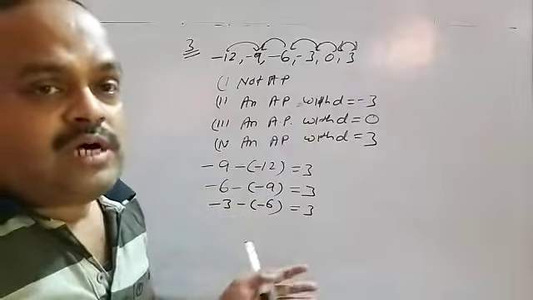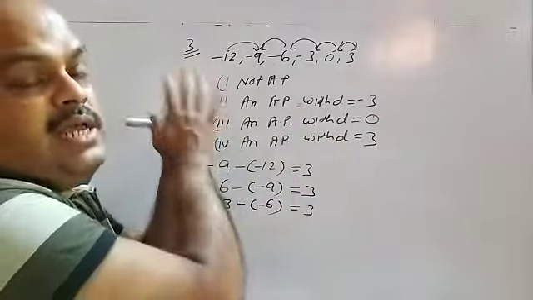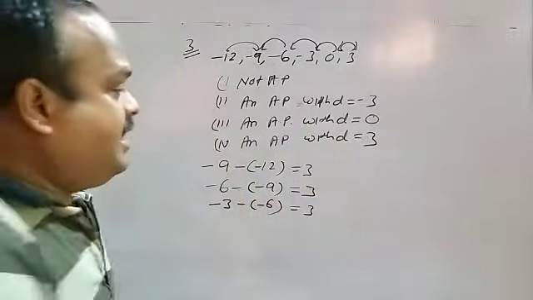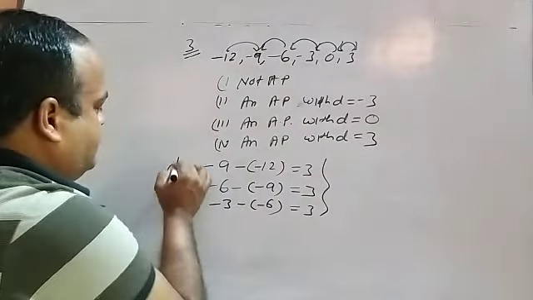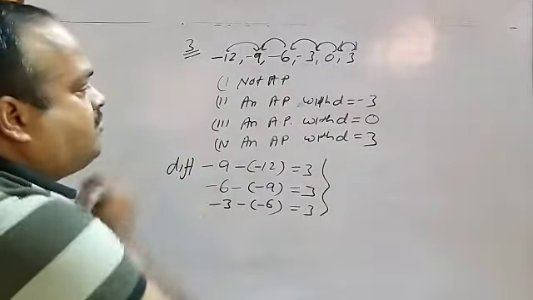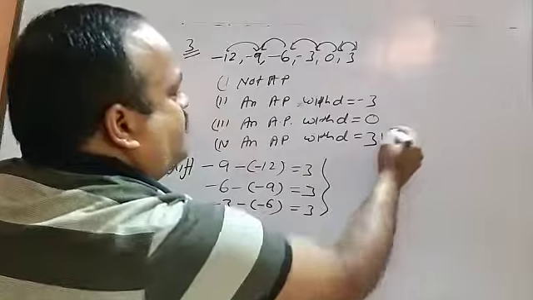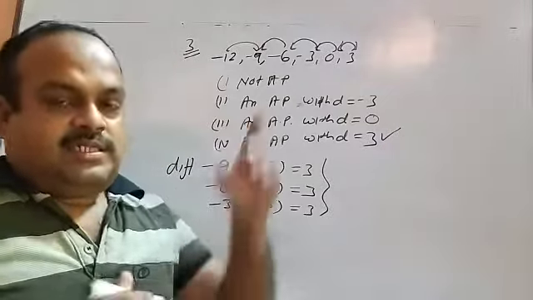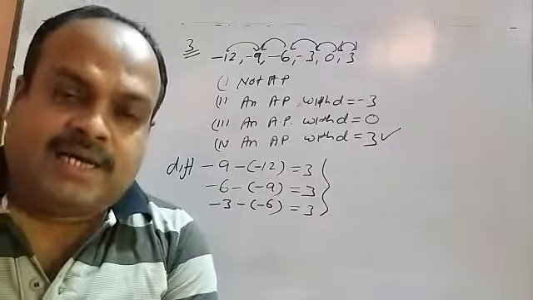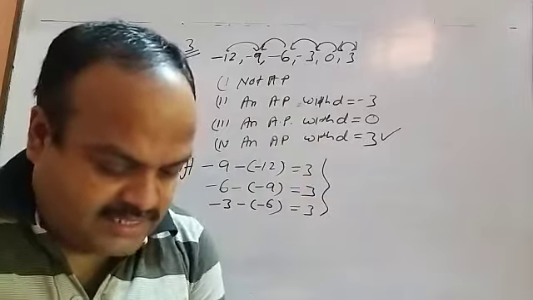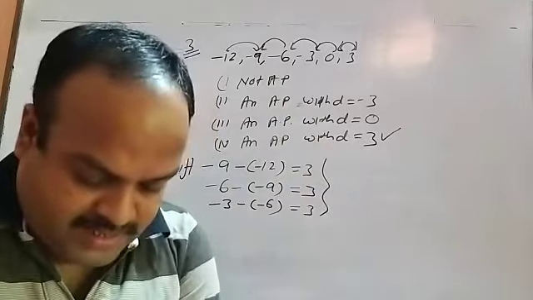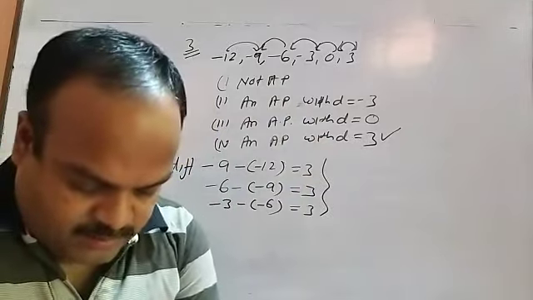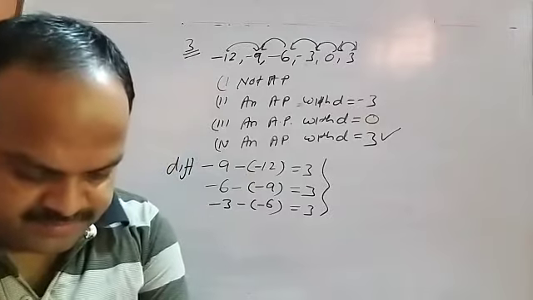Therefore, there is no doubt, it is an AP, and here the difference is 3. So which option is correct? Fourth option is correct. The series given to us is an AP and the common difference is 3. Next question.